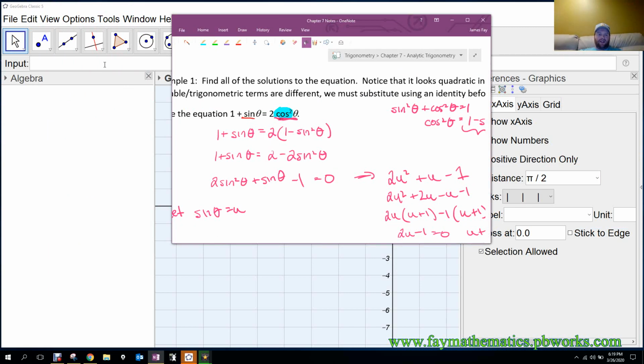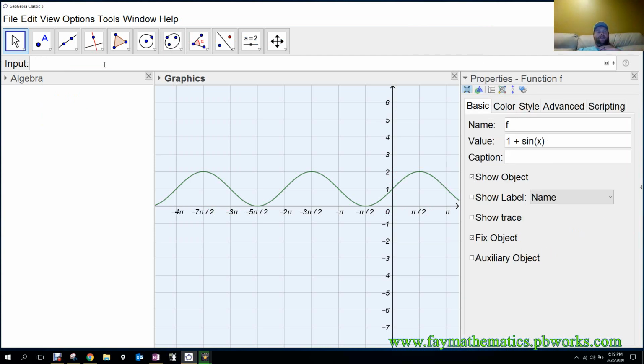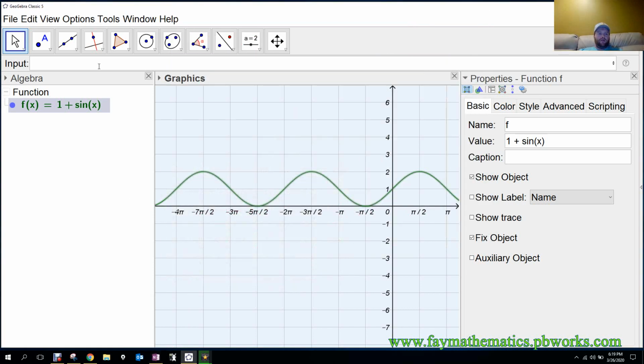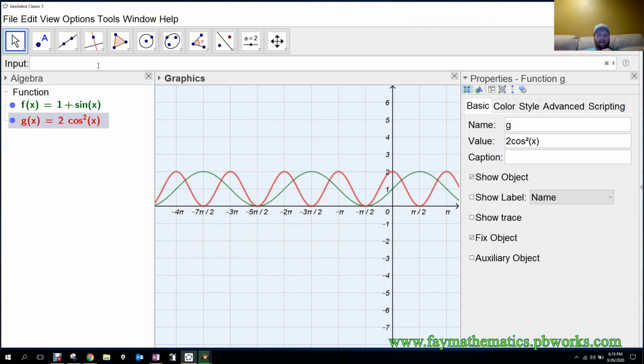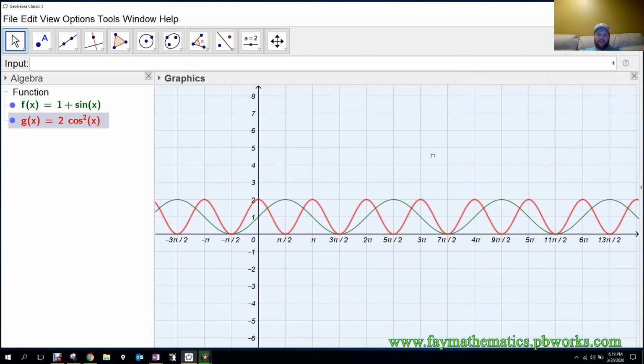So I'm going to go 1 plus sine theta, 1 plus sine theta. And obviously got to use x here. So that was the left-hand side. I'm then interested in the right-hand side, which was 2 cosine squared. So 2 cosine squared x. Looks like that.